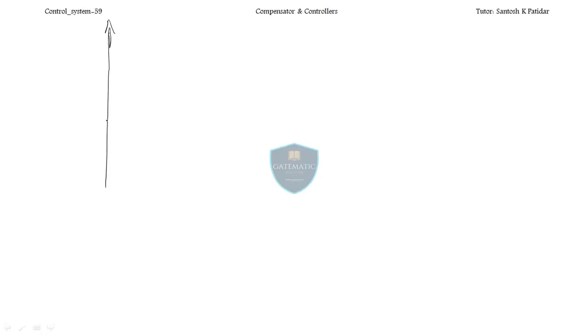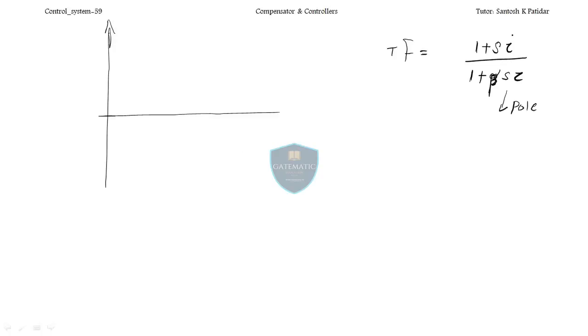The Bode plot for the lag compensator, the transfer function here is 1 plus s tau divided by 1 plus beta s tau. Now first you are getting the pole, and then you are getting the 0 on the scale.